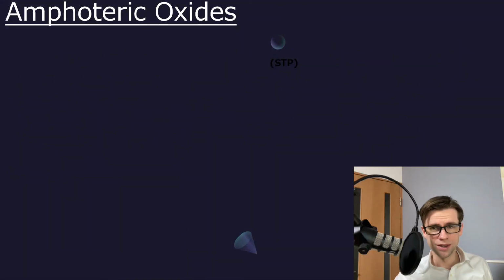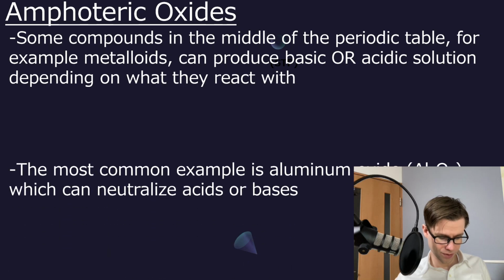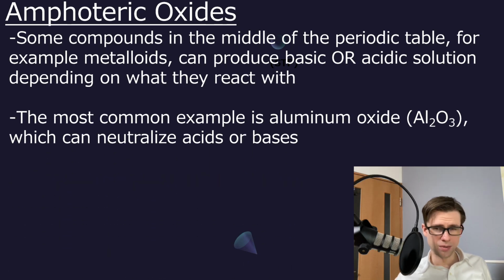This brings us to the middle, where there's a shift between metallic and non-metallic character, things like metalloids. Some compounds in the middle of the periodic table, for example metalloids, can produce basic or acidic solution depending on what they react with. The most common example, especially in IB and on IB exams, is aluminum oxide, Al2O3.